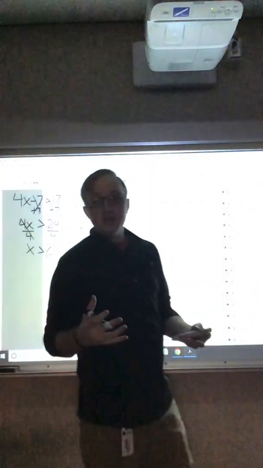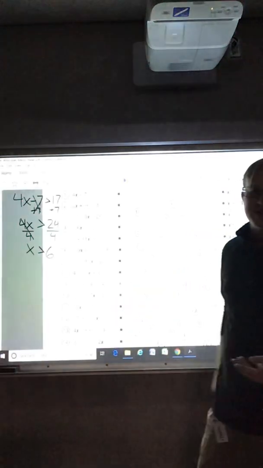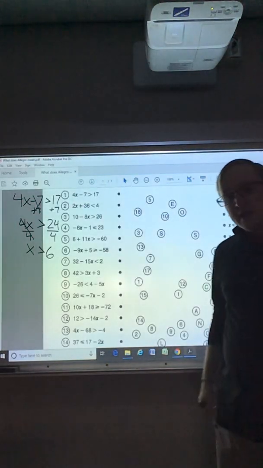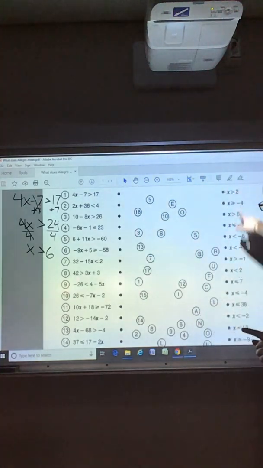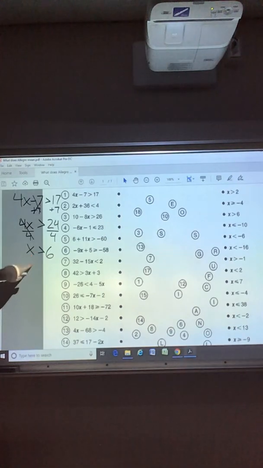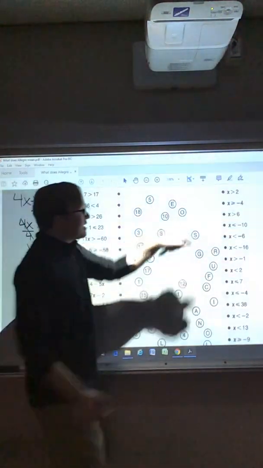Now we've solved the inequality. We got x is greater than 6. Now what we want to do is try to match it up with what's over here. Is there something that matches x greater than 6? Yes, there is, and it's already right here.